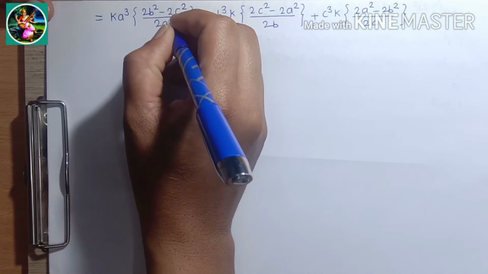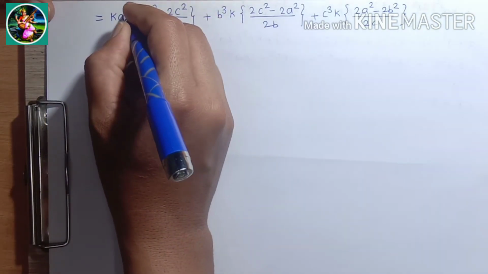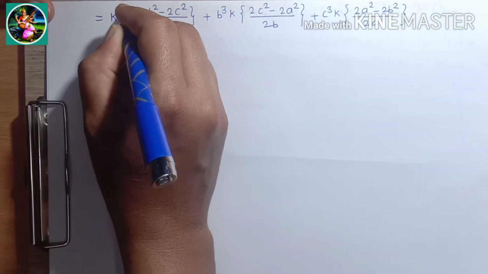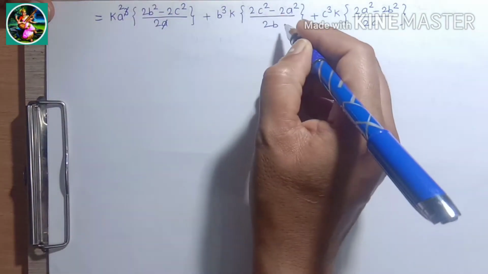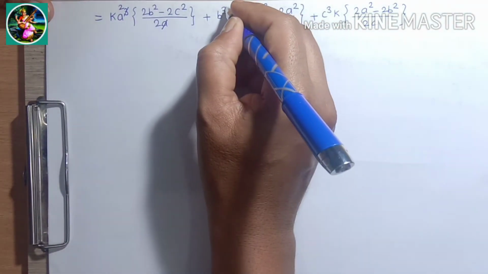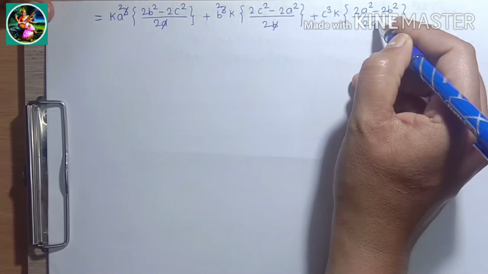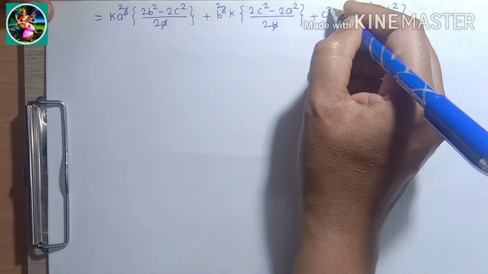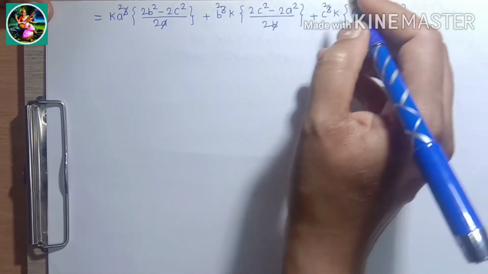Here we cancel a from this a cube, therefore here remaining a square. Here also we cancel b from this b cube, here remaining b square. Here also we cancel c from this c cube, here remaining c square.